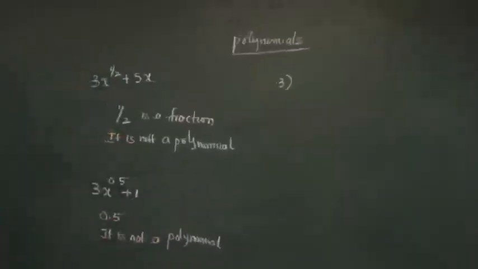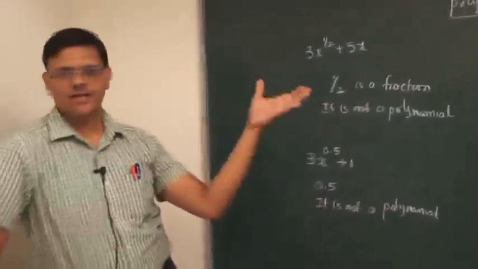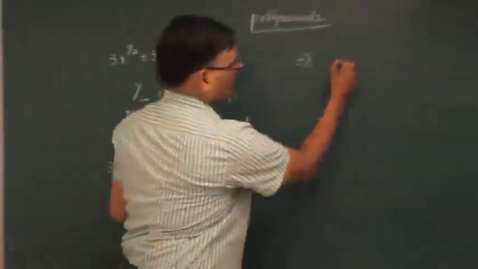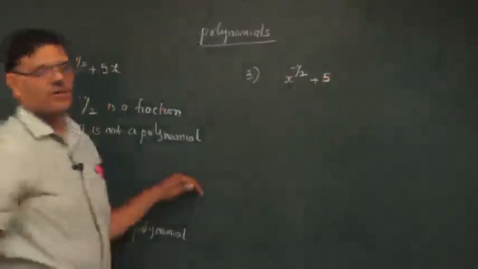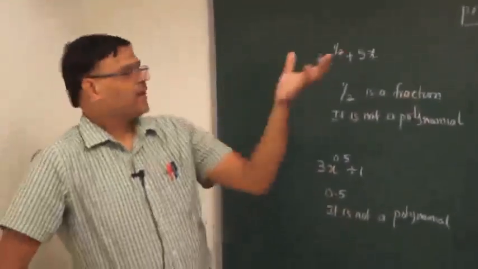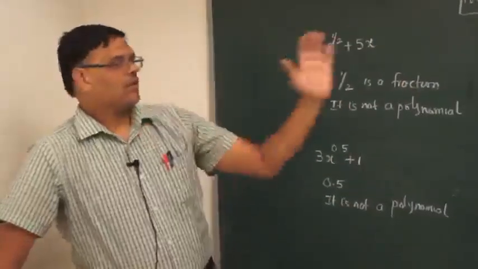Let us take one more example to check whether a given expression is a polynomial or not. Let us consider x to the power of minus 1 by 2 plus 5. Here the power of x is minus 1 by 2.